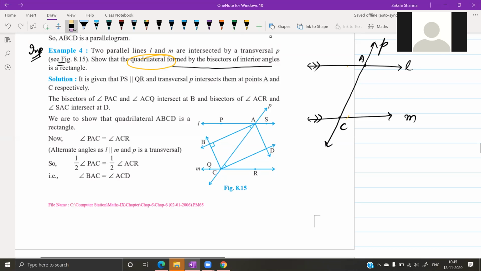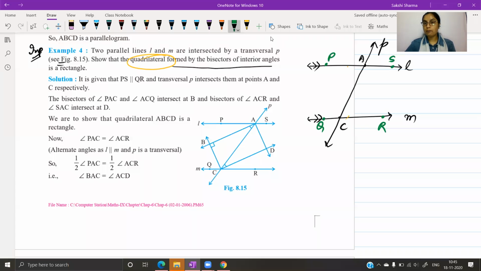So I'm simply going to now draw the bisectors here. It will be easier if I just name these the way they have done. PQRS. So here an angle is formed, SAC, and you have to draw its bisector. That means these two parts are equal. These two angles are formed, both are equal. At C an angle is formed, you have to make two parts of that as well. Just extend it a little.